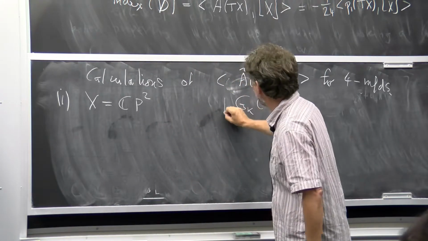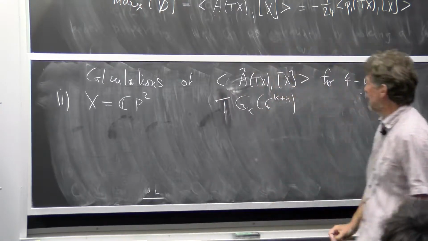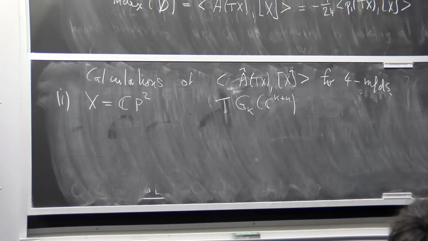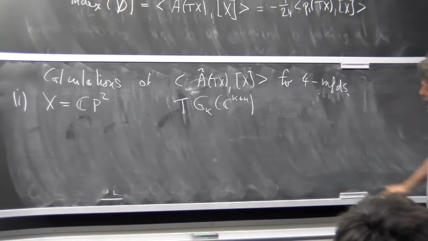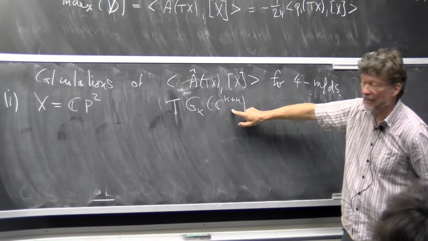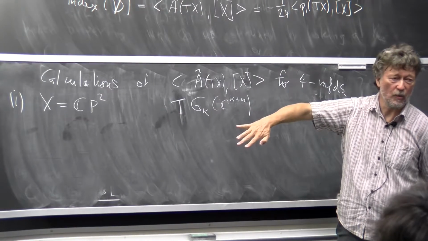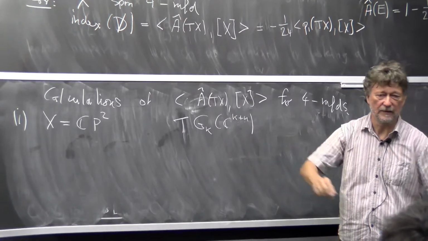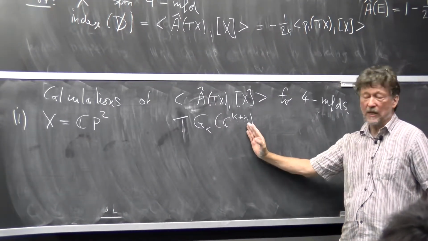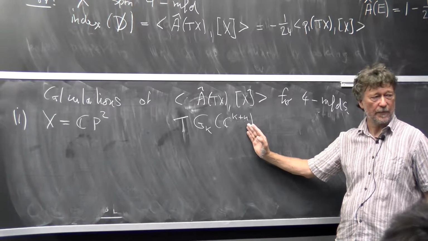what is the tangent bundle of that? Now, over this Grassmannian, you have two tautological bundles, right? Namely, a point in here is a k-dimensional subspace of C^(k+n). Well, all the vectors in that k-dimensional subspace form a tautological k-dimensional bundle. Or you can take the orthogonal complement of that. That's a tautological n-dimensional bundle.